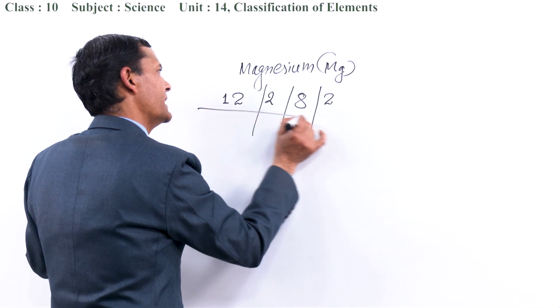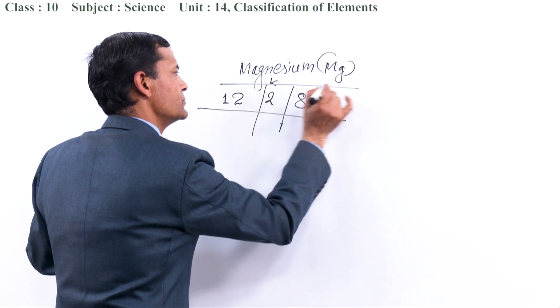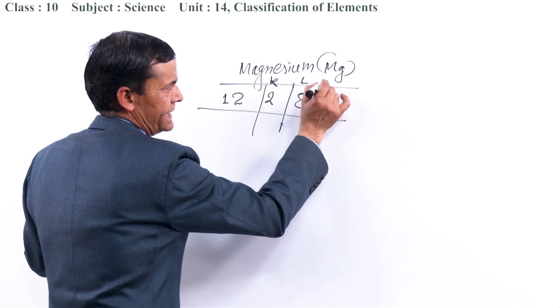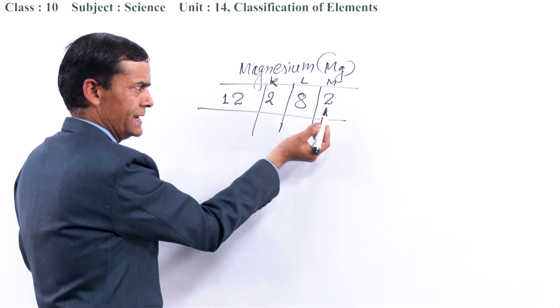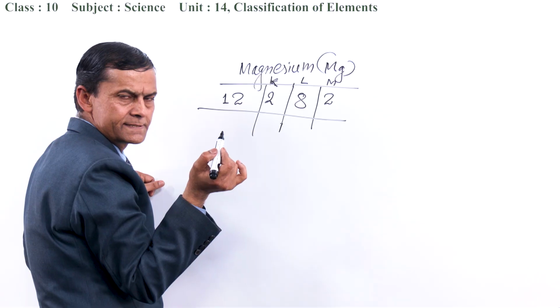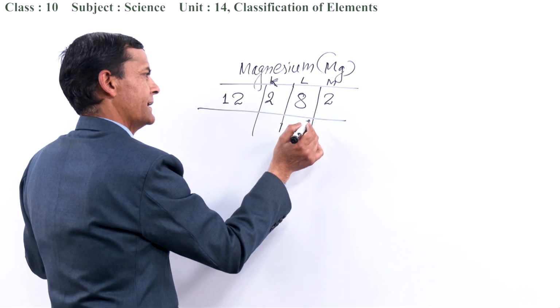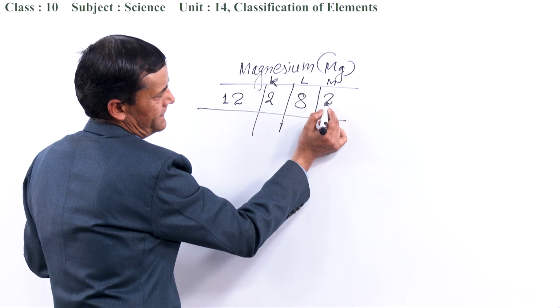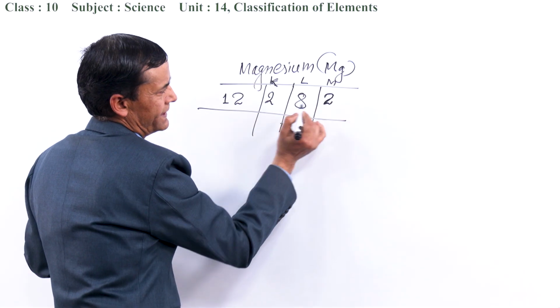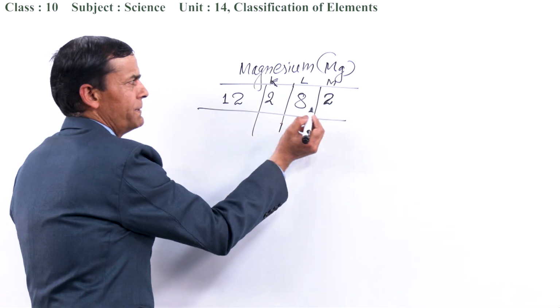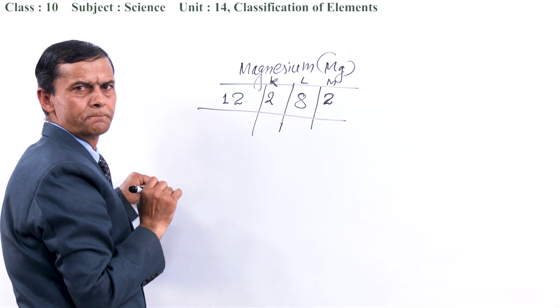That means K shell 2 electrons, L shell 8 and M shell 2 electrons. You have already practiced this electronic configuration according to the 2n squared rule. So what is the number of electrons in the last shell? Yes, 2. And what is the characteristic of magnesium on the basis of this electronic configuration?